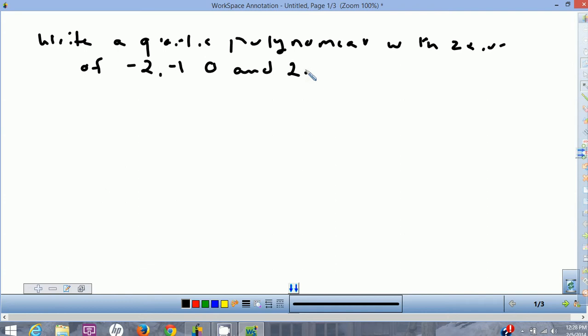Alright, so what do I have? Well, I have x equals negative 2. I have x equals negative 1. I have x equals 0. And I have x equals 2.